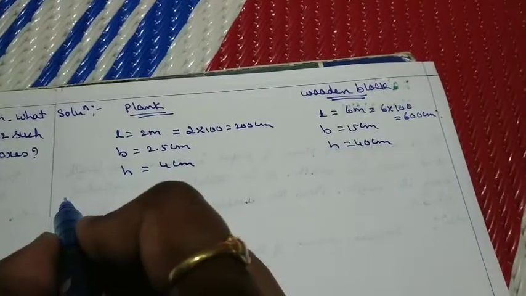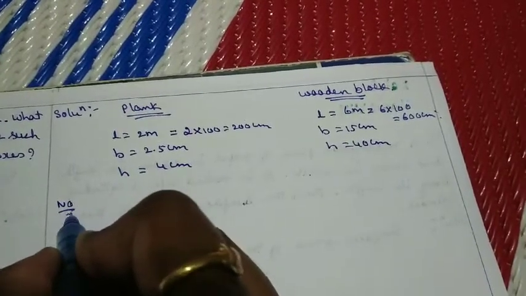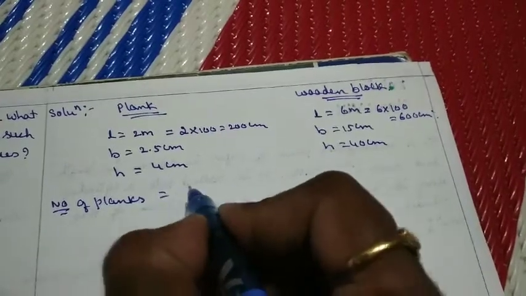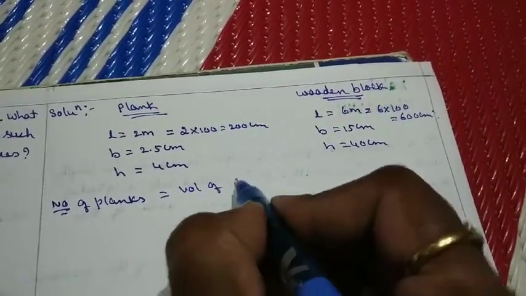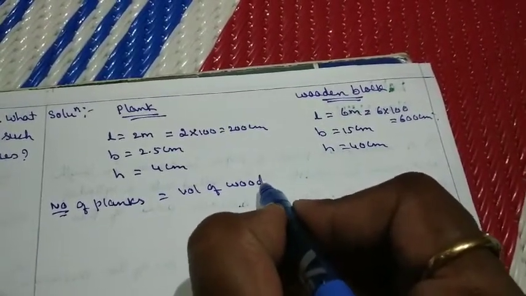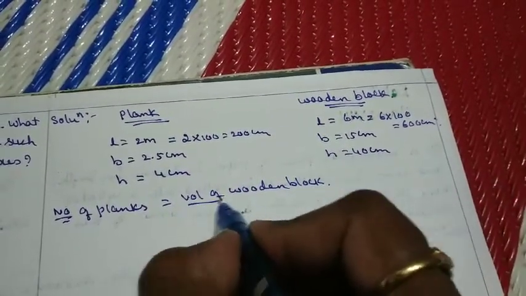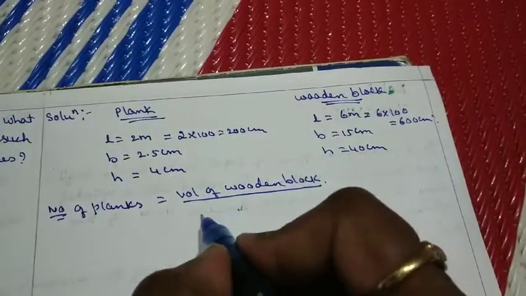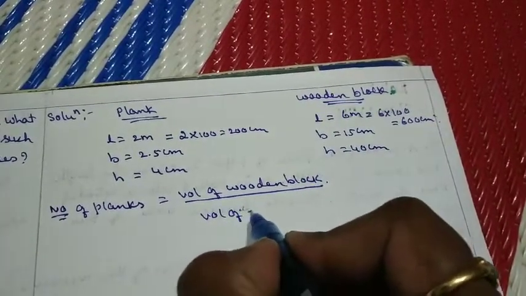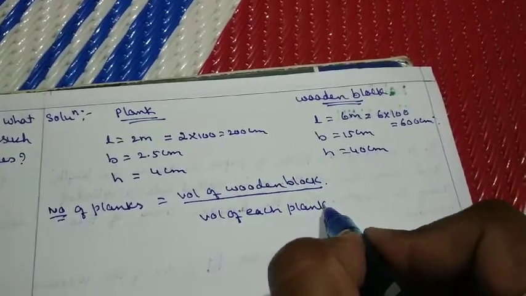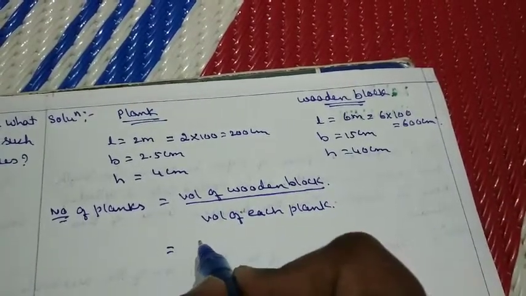Now he wants the number of planks. So the number of planks equals the volume of the wooden block divided by the volume of each plank. The dimensions of the wooden block are different, therefore it is a cuboid, and the dimensions of a plank are also different, so the plank is also a cuboid.